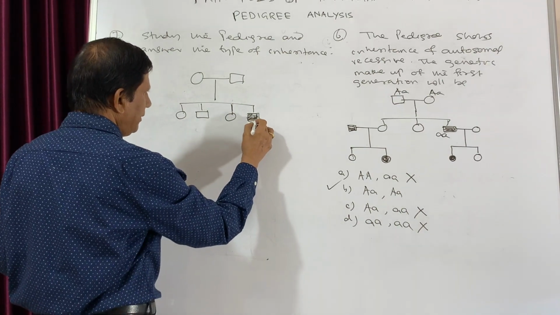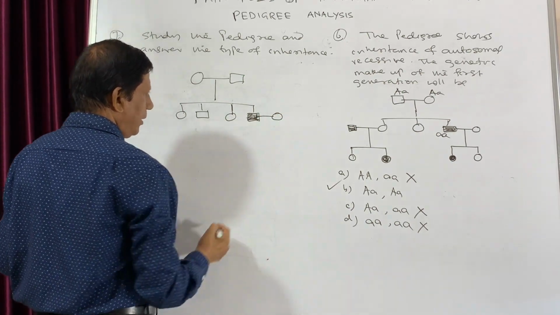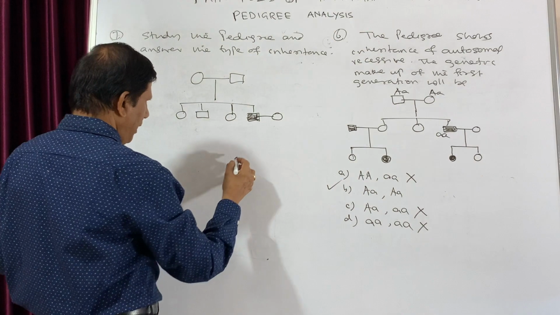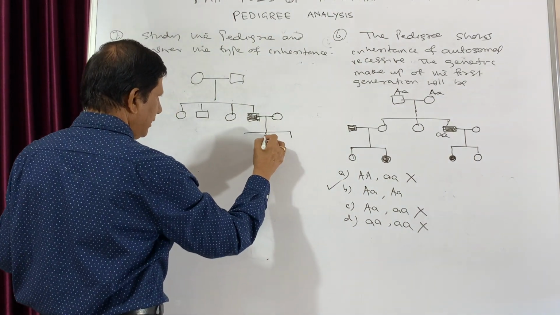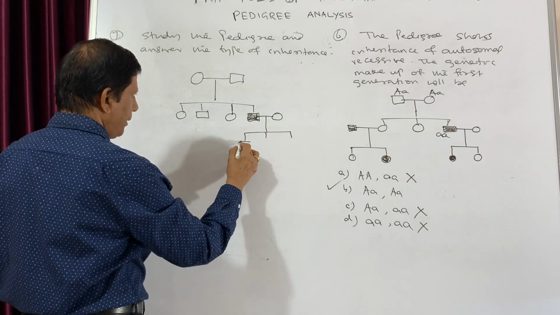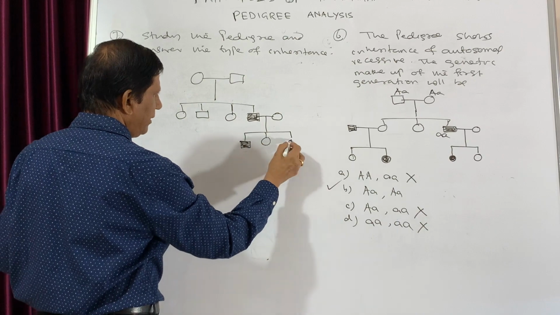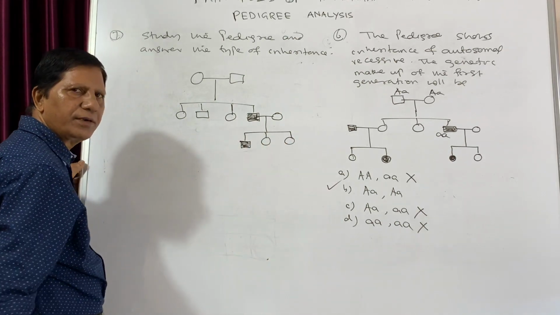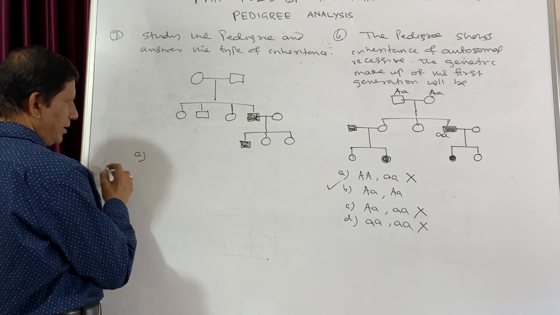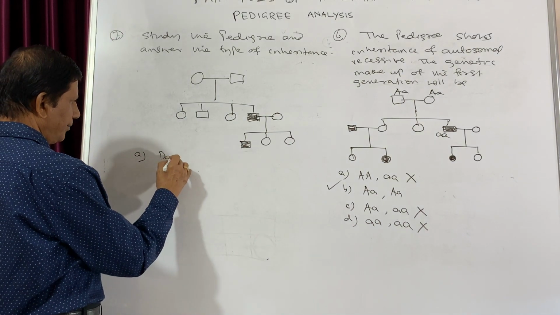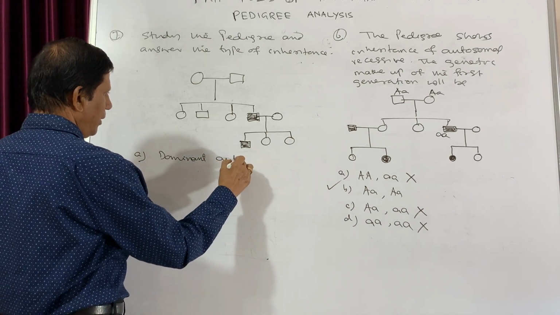Now this affected son will marry another person who is unaffected. Now they will have again 3 children. The first one is son, affected. Second, third, they are daughters, not affected. Now you have to answer after the choices. It is a dominant autosomal.